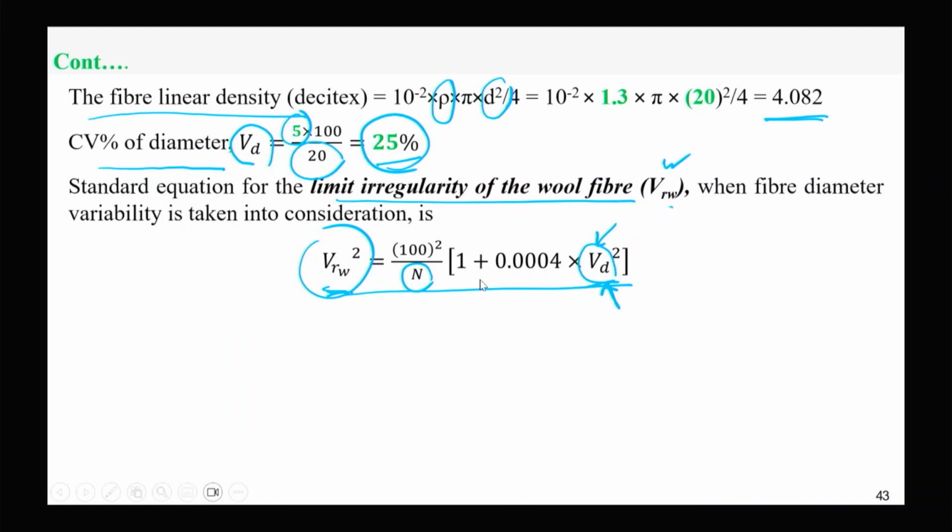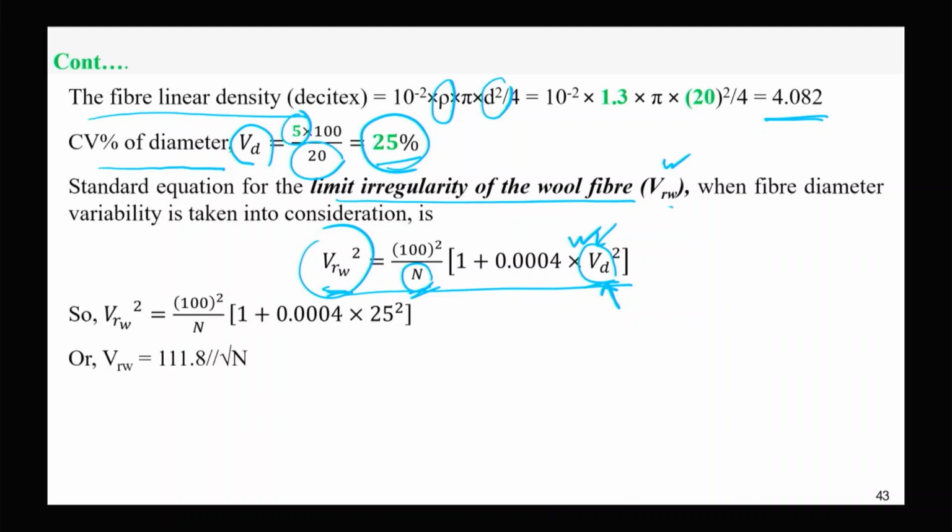We have Vd, so we have to calculate N, the number of fibers in the cross section. We know the fiber linear density and the yarn linear density is given. So if we solve this numerical, we will get 111.8 by square root of n, where n is the number of fibers.